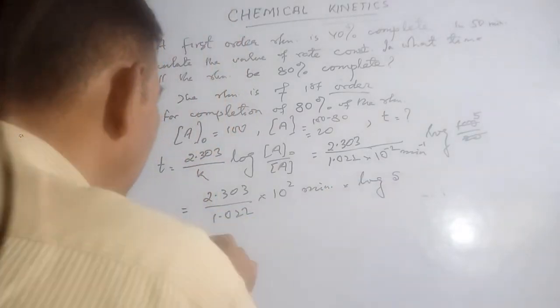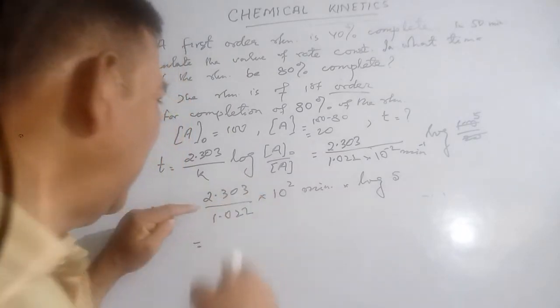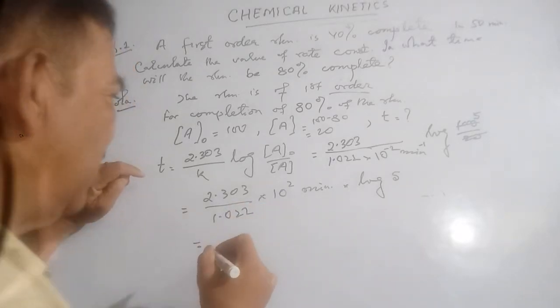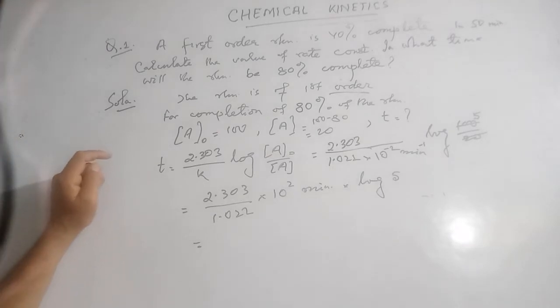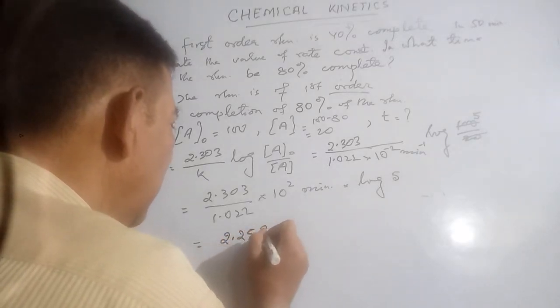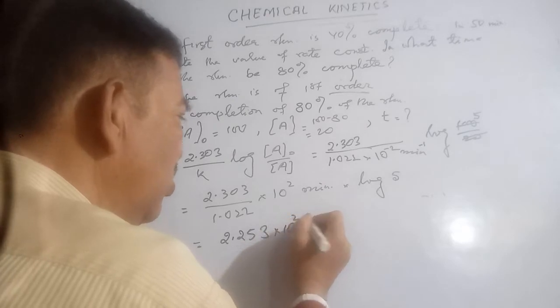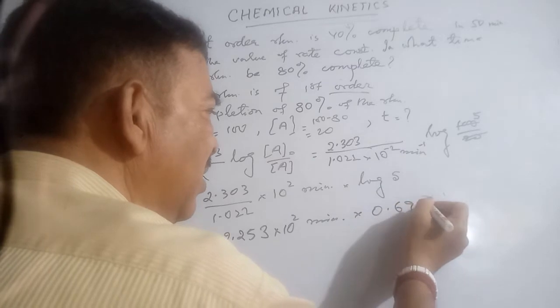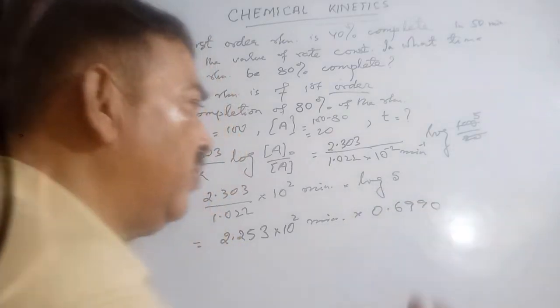You divide 2.303 by 1.022 and it becomes 2.253 into 10 to the power 2 minutes, into 0.6990, the value of log 5.